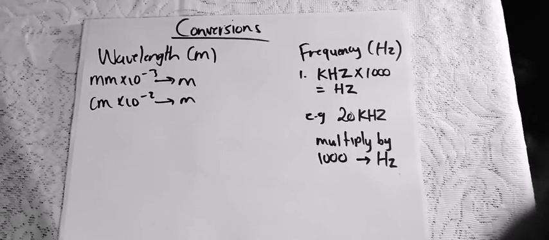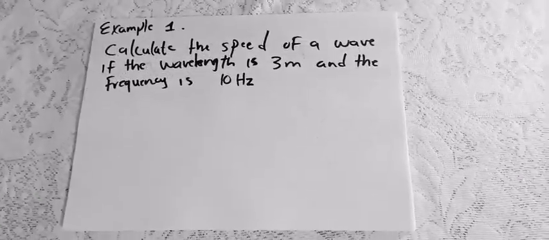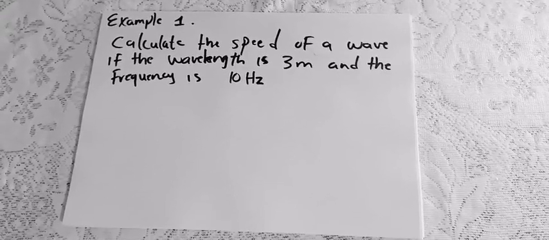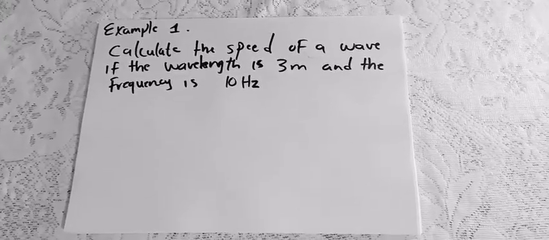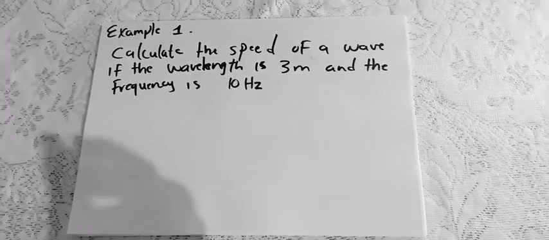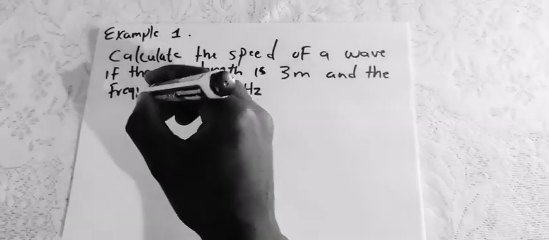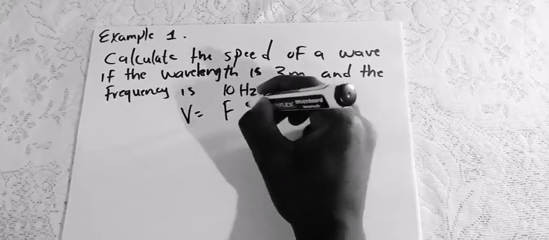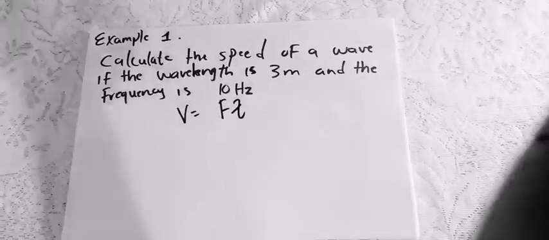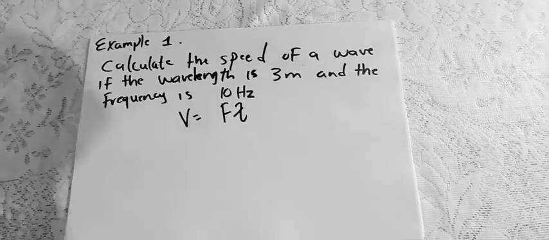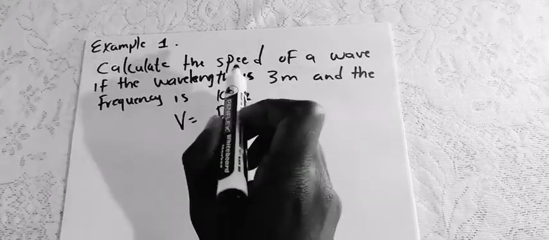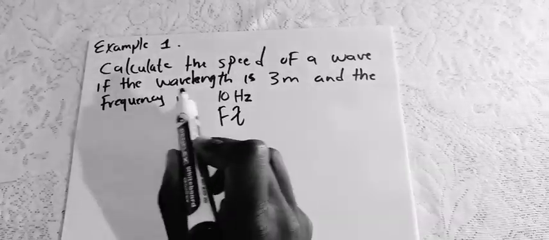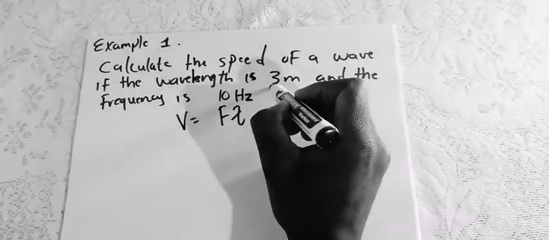Look at that example there. Calculate the speed of a wave if the wavelength is 3 meters and the frequency is 10 hertz. The first thing you must do is write the formula: v equals f multiplied by lambda. They asked us to calculate the speed, v.